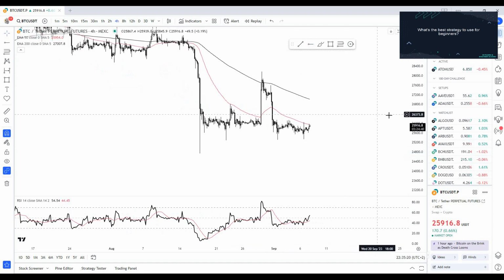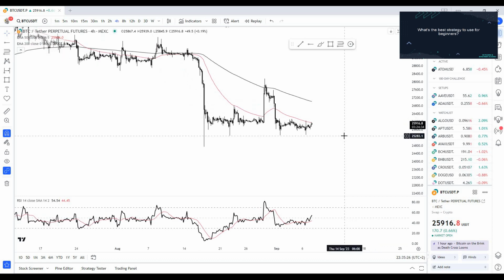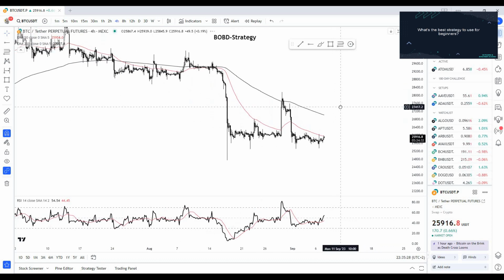The best trend lines, I use wicks for trend lines always, and I want at least 3 points of impact for a trend line to be valid for me.